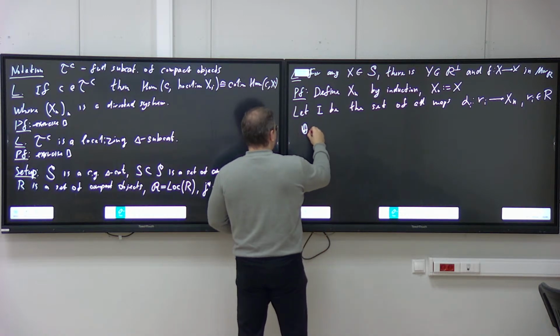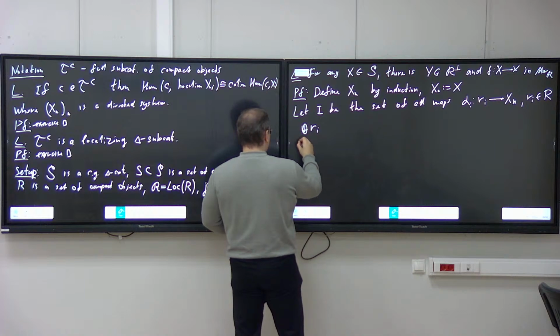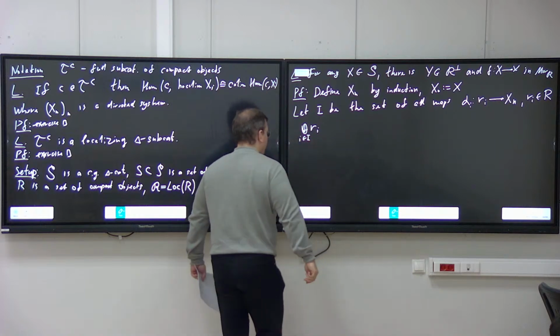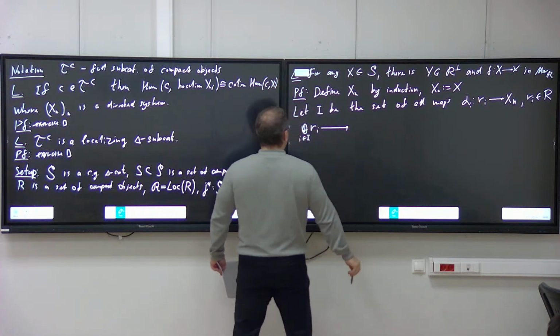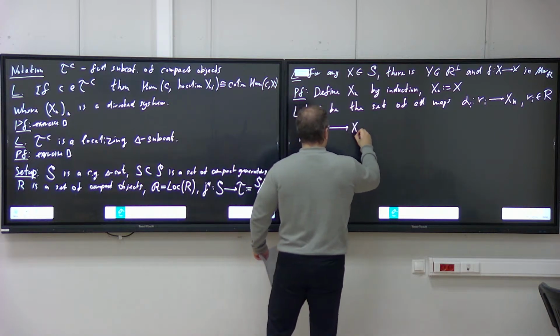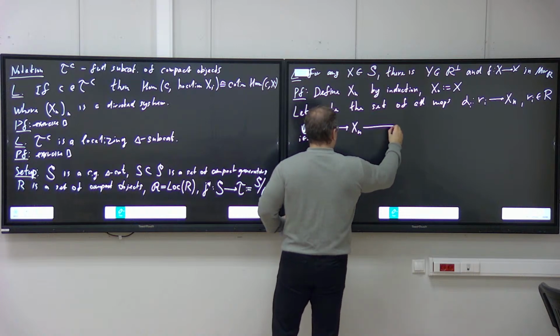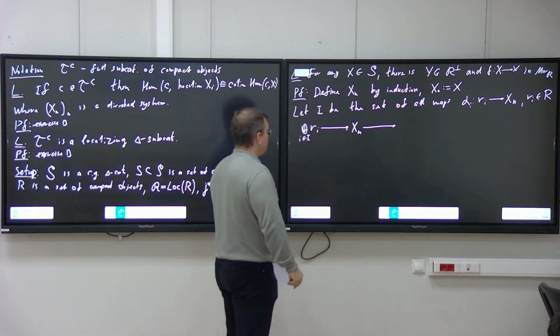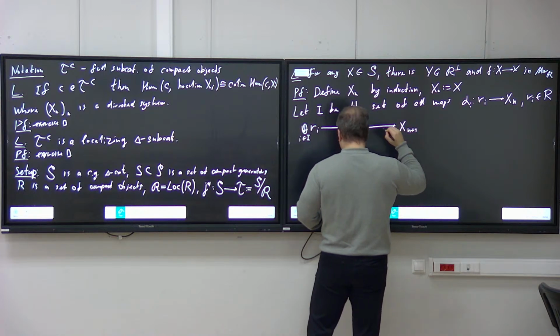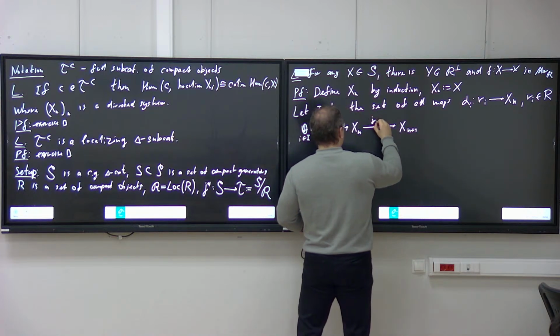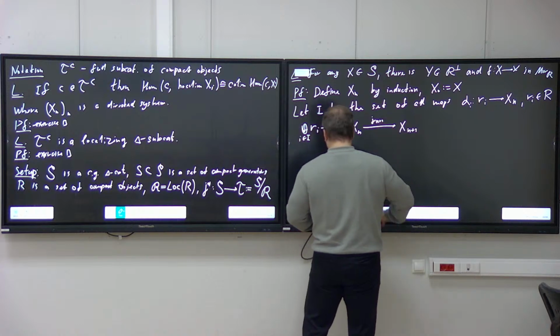So then I can form a distinguished triangle. So I take the sum of all such Ri's over all elements in the set large I. So then there is a canonical map from the coproduct to the xn. And I take this map and complete this to a distinguished triangle. This gives me object xn plus 1. And I also want to call this map J with the index n plus 1.